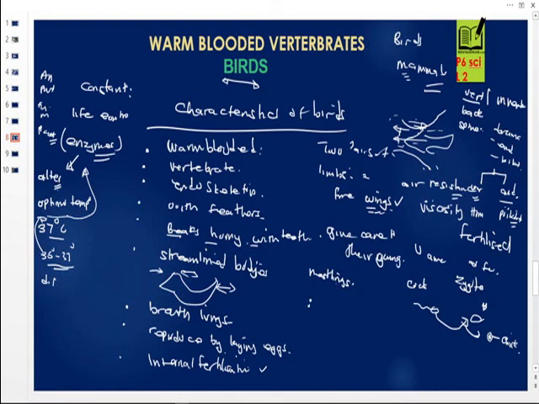And again, these birds have what we call scales on their legs. If you look at those hens there at home, their legs are scaly. That's why these birds can stand on electric wires without being shocked by electricity, because they have scales, and these scales act as insulators.